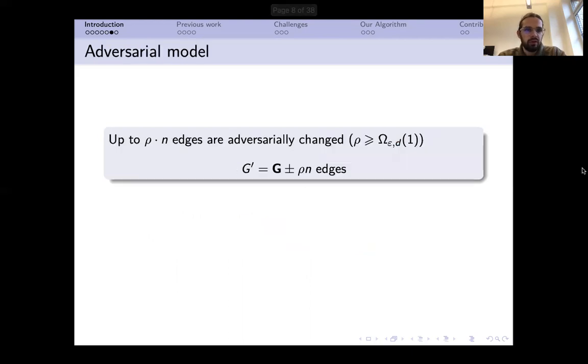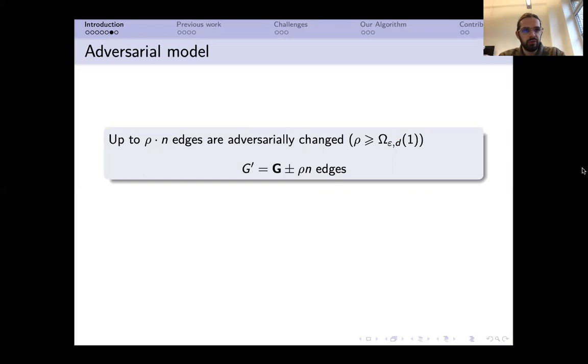What we are interested in here is a slightly more general adversarial model. We sample a graph from the stochastic block model, and now an adversary looks at the graph and arbitrarily changes a constant fraction of the edges. Remember, the graph is sparse, so the number of edges is linear in n.